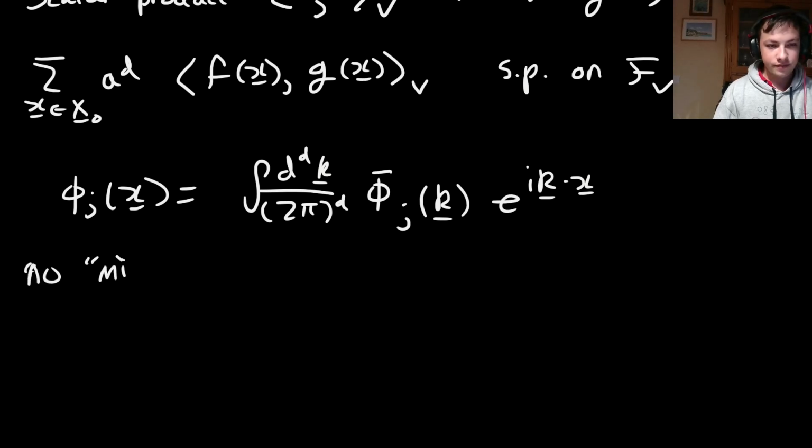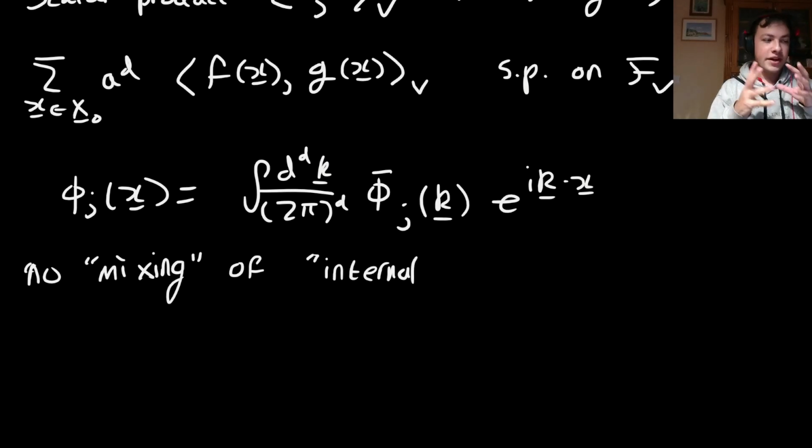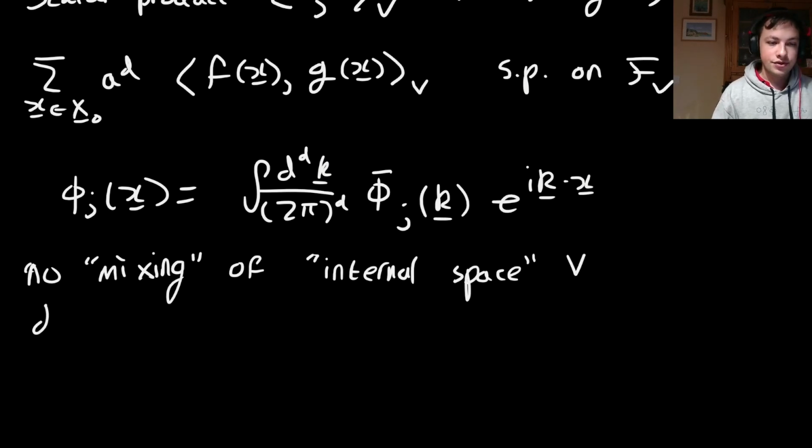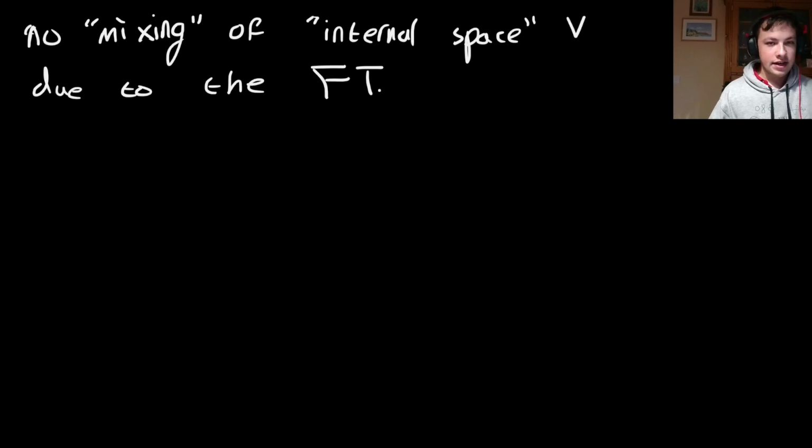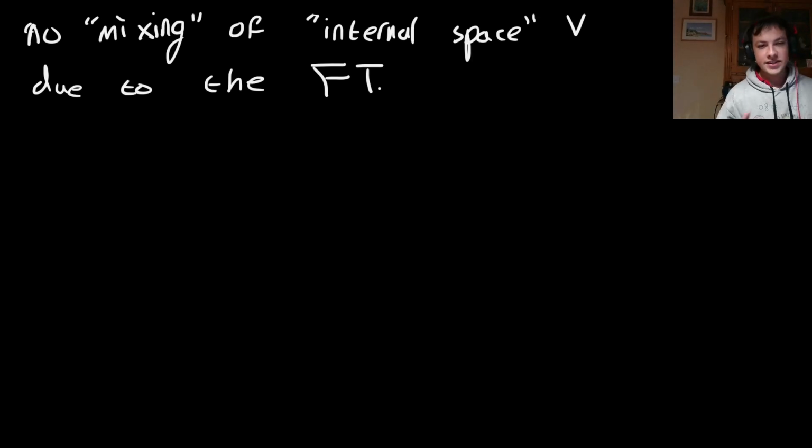No mixing of what we call the internal space, because it's the space at each point, V, due to the Fourier transform. Okay, and so that's basically everything.